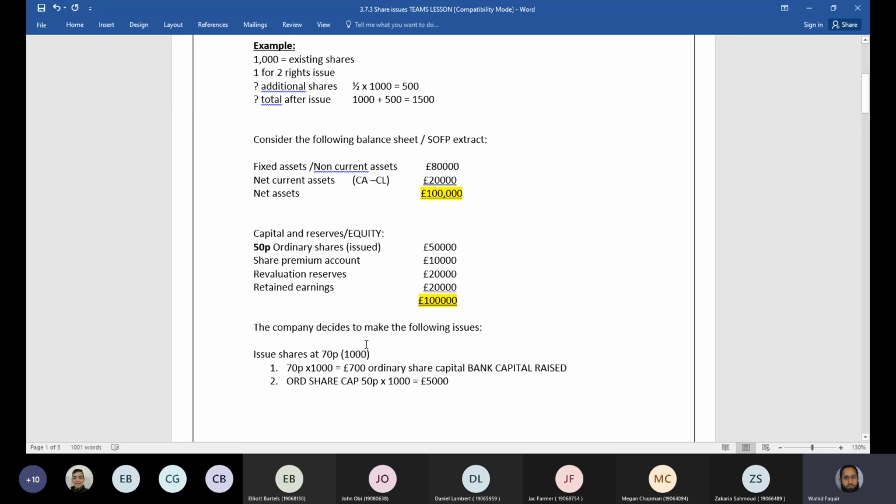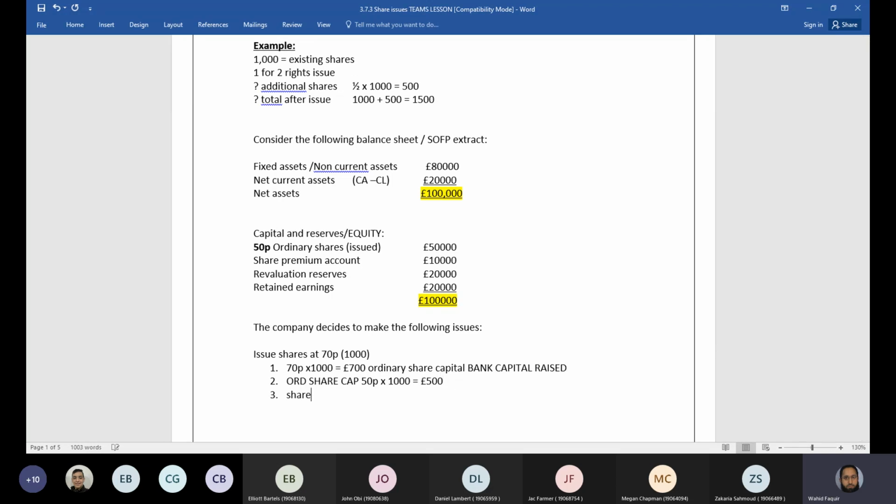We know, however, we've actually raised £700. Now that went straight into bank. That goes into the top half of the statement of financial position. At the moment, we have a difference of £200. Top half and bottom half do not equal. We haven't maintained double entry.